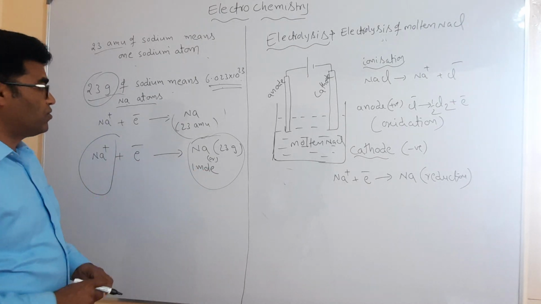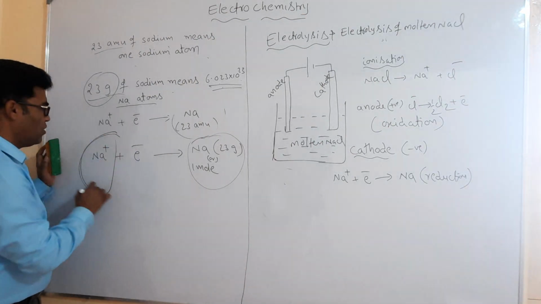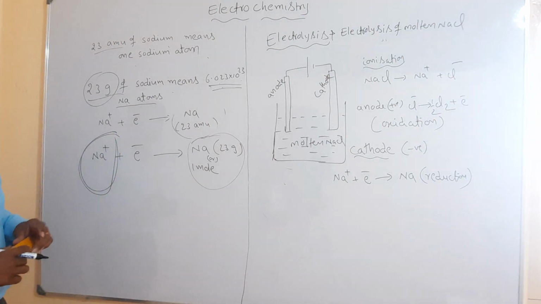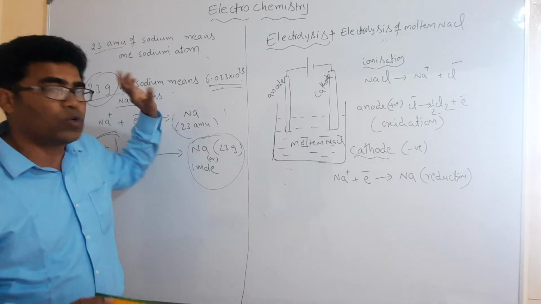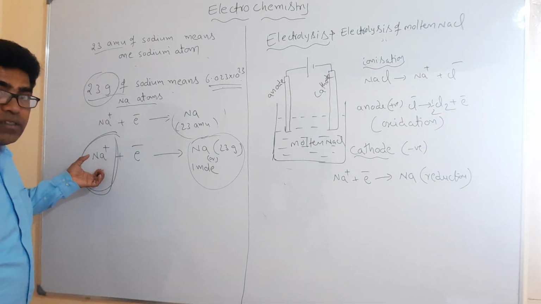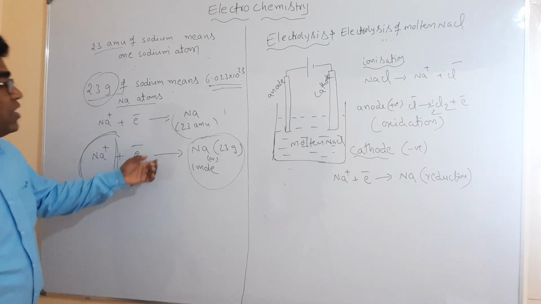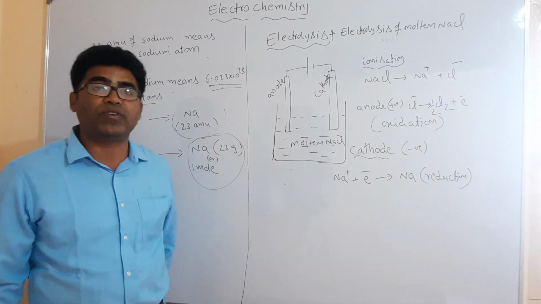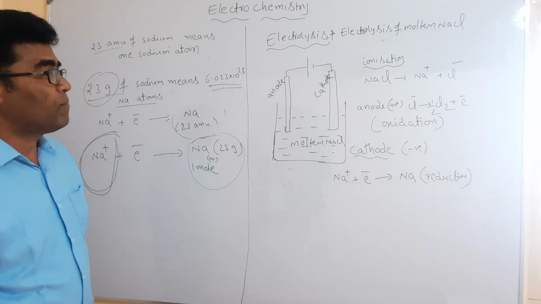Try to understand: one Na plus ion gains one electron, then one sodium atom is formed. If Avogadro number of sodium ions gain Avogadro number of electrons, then 23 gram of sodium is formed, which is also called a mole or gram atomic weight.